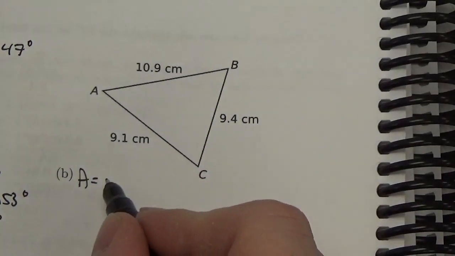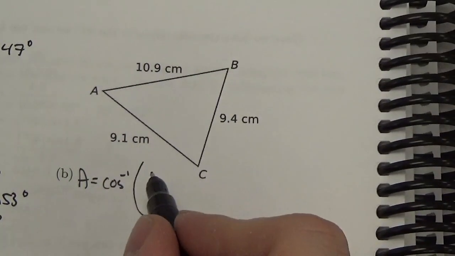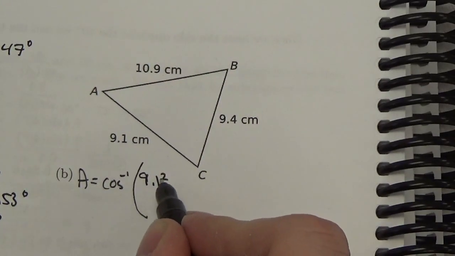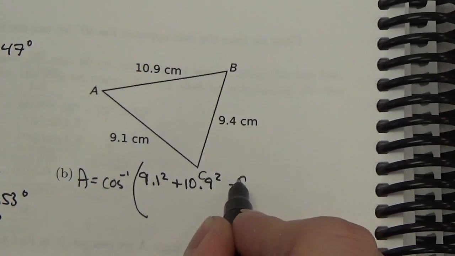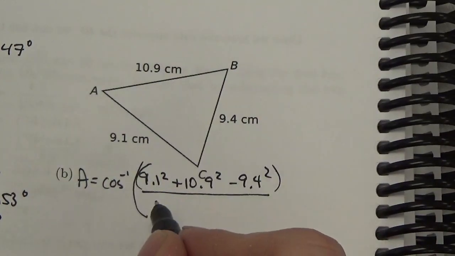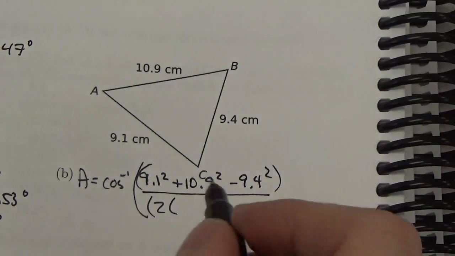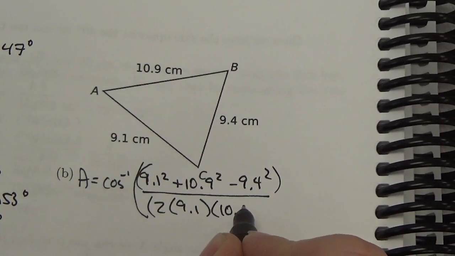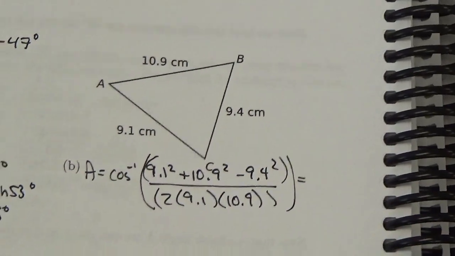Okay, this will be the inverse cosine of, if I write this in order here, 9.1 squared plus 10.9 squared minus 9.4 squared, all over, we're going to make sure there's parentheses around that, 2 times 9.1 multiplied by 10.9, all in the denominator here, and that's all calculator work.